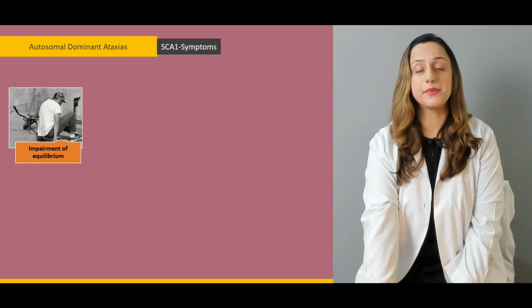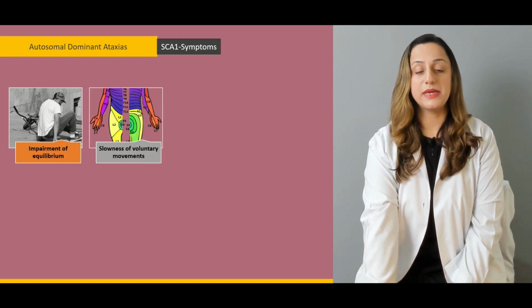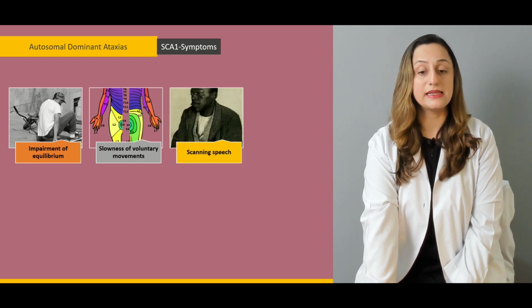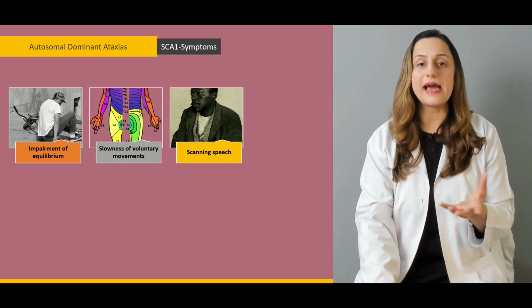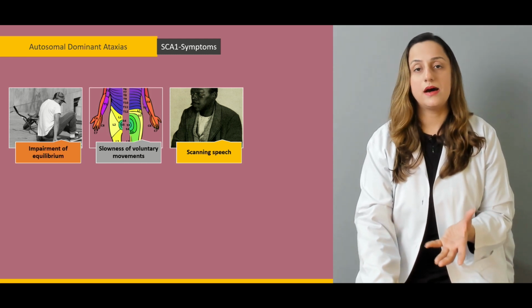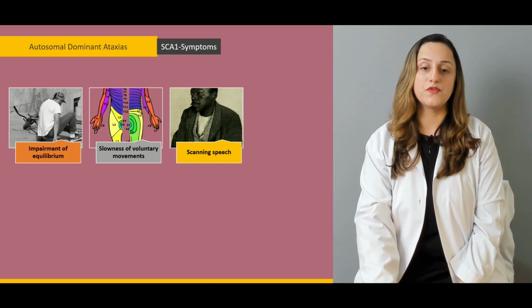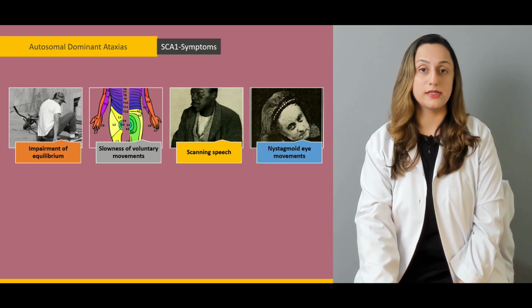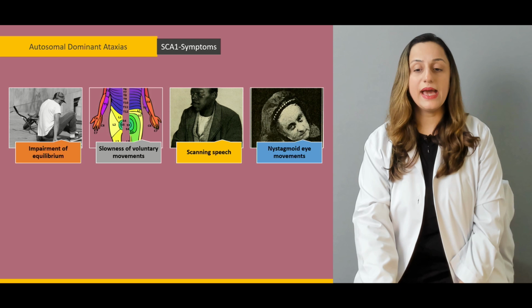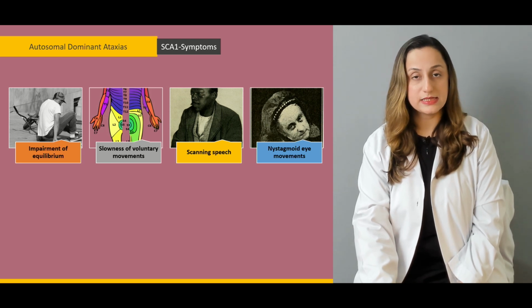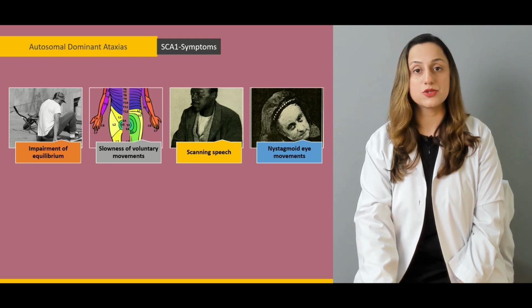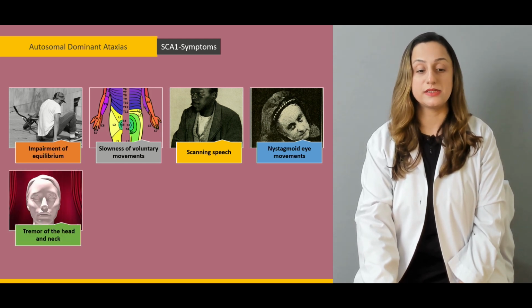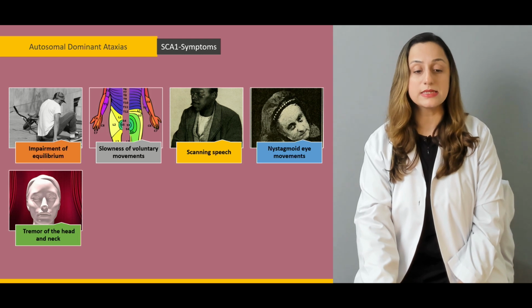The symptoms include impairment of equilibrium and slowness of voluntary movements, and for speech, as I've already mentioned, there is dysarthria. So the scanning of speech is even affected in these patients. We have nystagmoid eye movements. As we all know, the oculomotor nerve is mainly involved in these cases, so the extraocular movements are going to be affected in these patients.